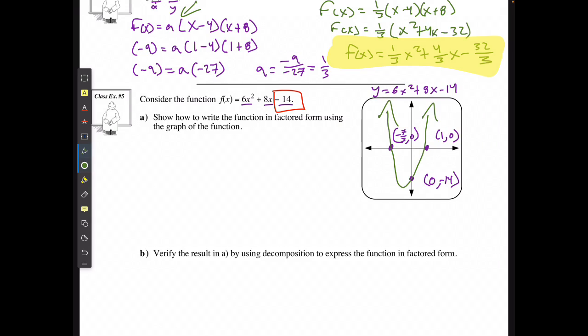And it's going to look something like this. Well, I know that from these x-intercepts, f of x is going to equal a bracket 3x plus 7 bracket x minus 1.